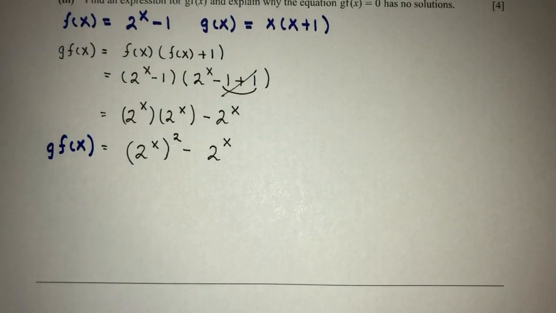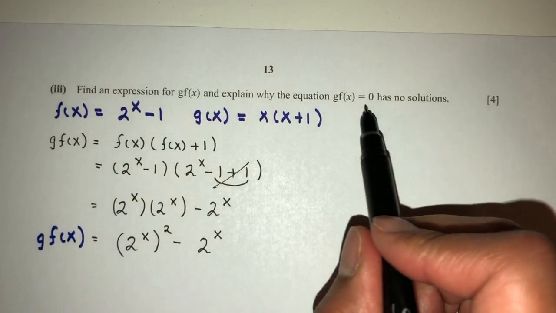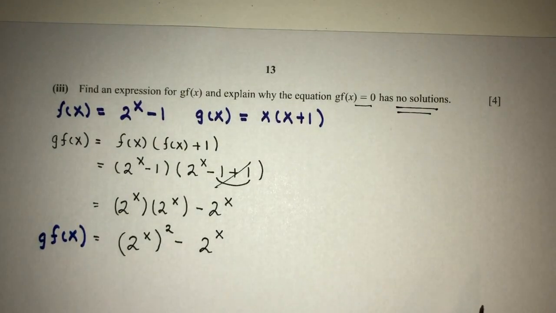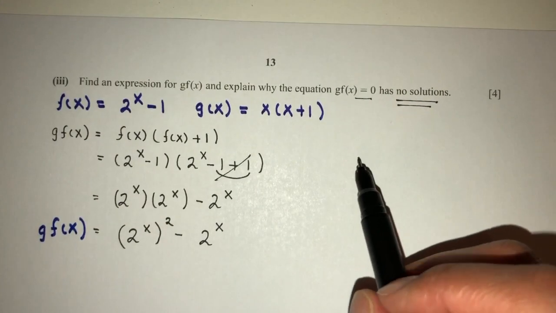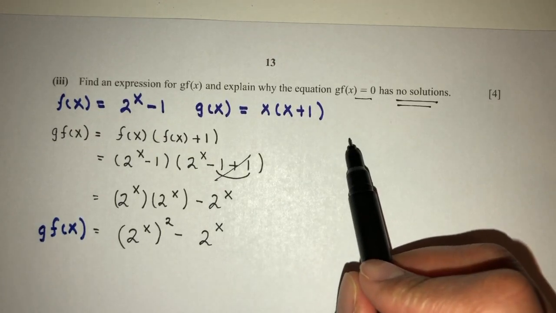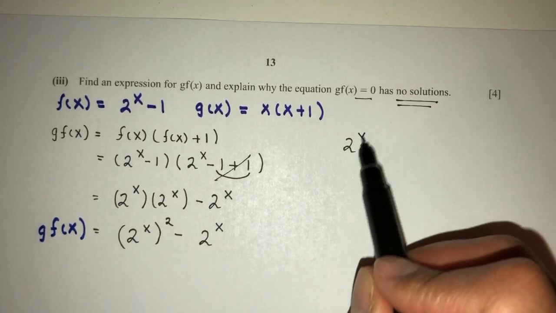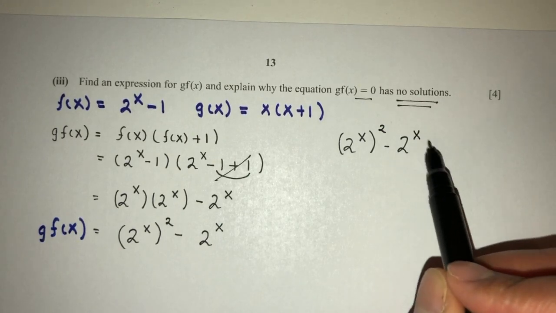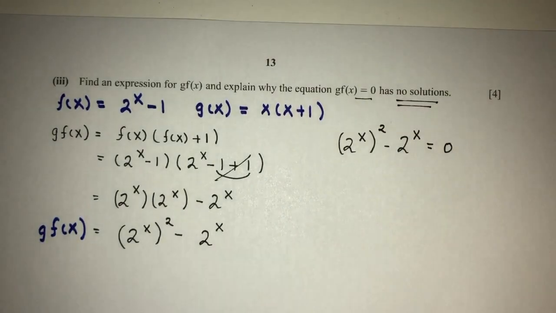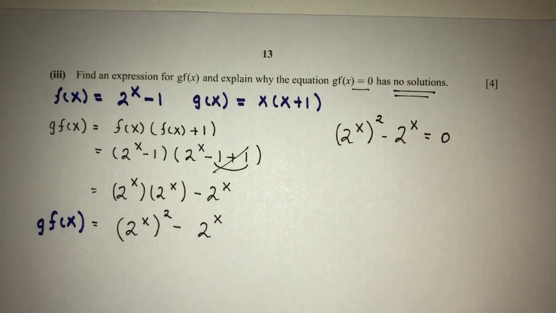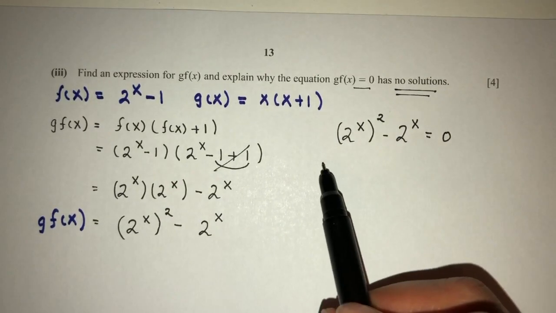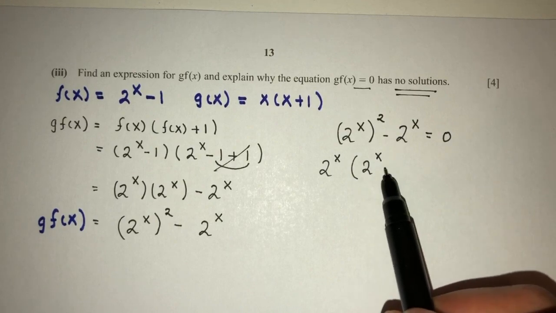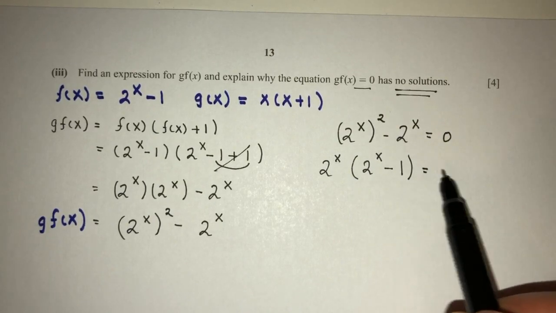Okay, and explain why this equation will have no solution. So let's see what is that equation. So basically we are trying to say, if you were to solve for this one, you have 2 power x squared minus 2 power x is equal to 0. So how would you normally solve this? You would try to factorize. You have this, and then you will have this equal to 0.